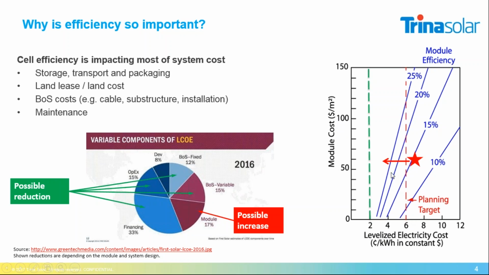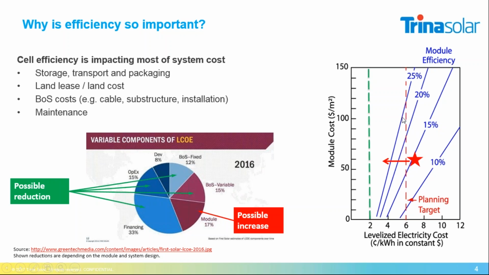For example, let's say we have a module cost of approximately $100 per square meter, then you see with 20% efficiency, you end up at roughly 6.5 to 7 cents of LCOE, and if you're going in the direction of 25%, it's approximately 5.